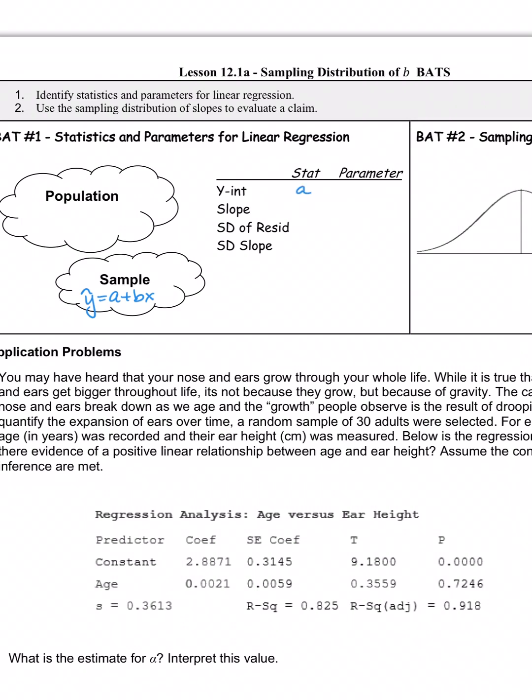A. Slope was b. Standard deviation of residuals. Do you remember what symbol we used for that? It was just s. And standard deviation of slope. Now, we didn't really mess with that in the last chapter, so it's going to be SE, the standard error of little b, slope.